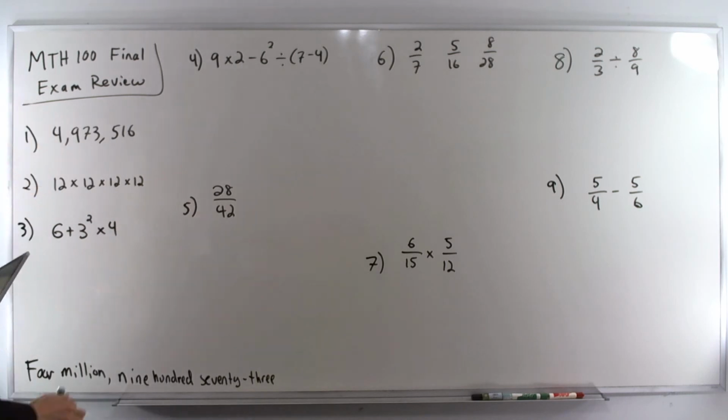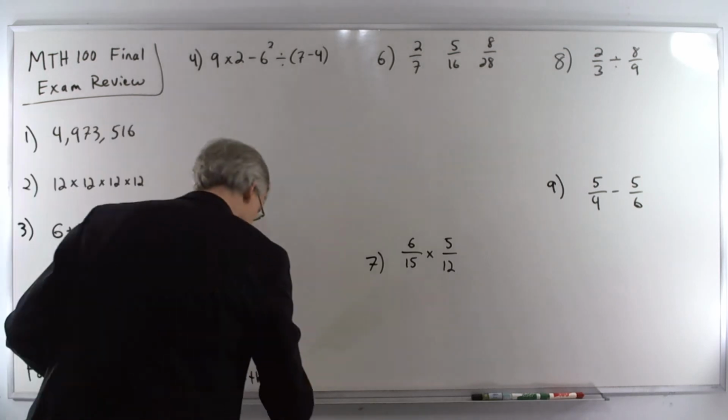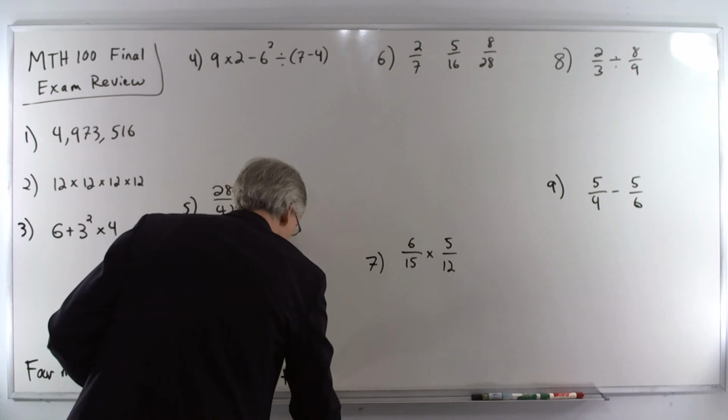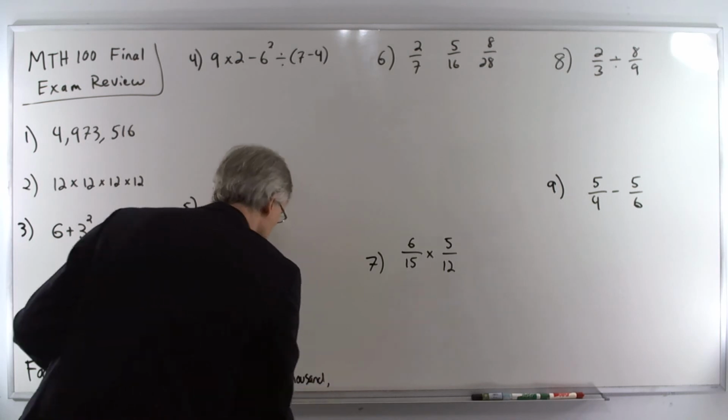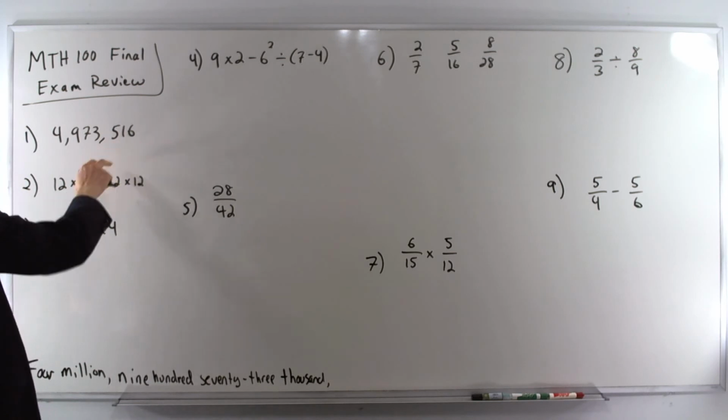All right, so there's the number converted, 3-digit number, and now followed by the group name, thousands. So 973,000. And then finally, the last group, 516.